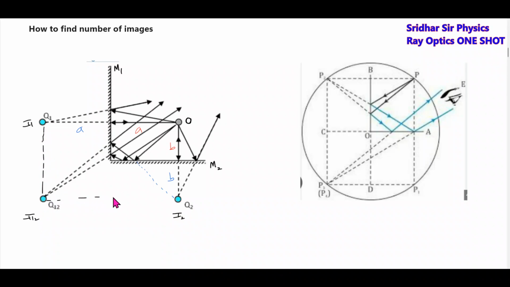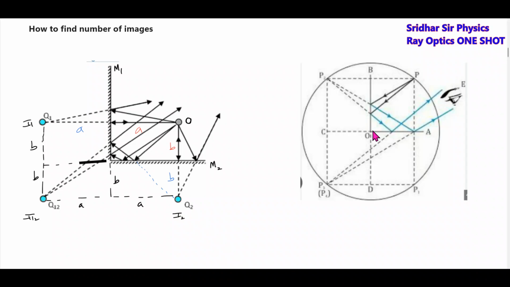So if you check all this data, this will be B, A, this will be B, this will be B. This I1 will become the object for M2, or I2 will become the object for M1. If there is object distance, this will be image distance. This is from retracing.